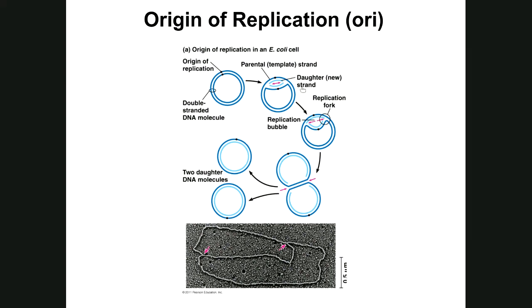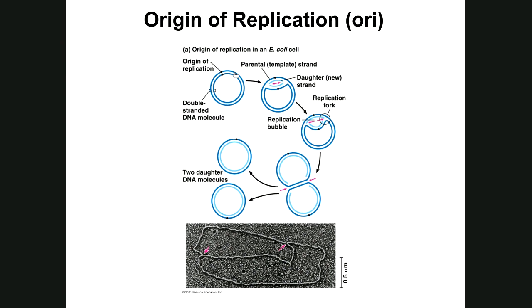Bacteria such as E. coli, or prokaryotes more in general, don't have linear DNA like you find in eukaryotic cells. They have circular DNA. So that's a big difference between prokaryotic and eukaryotic DNA.